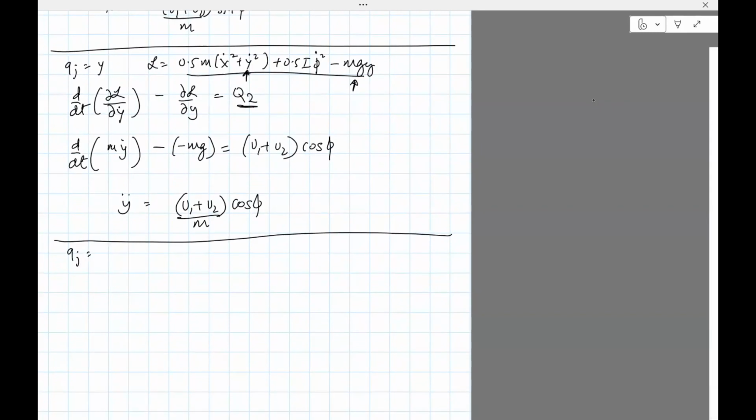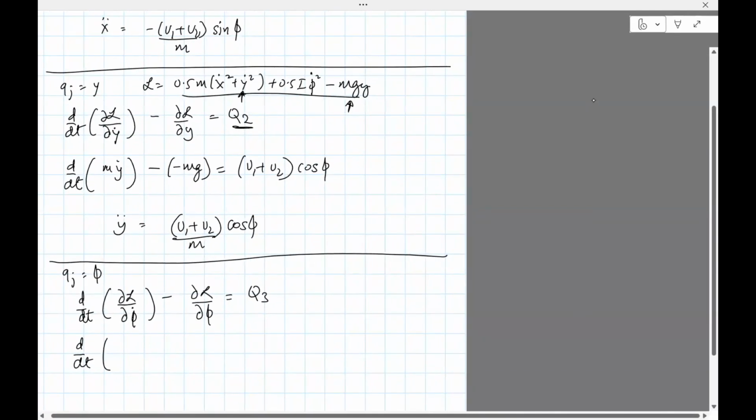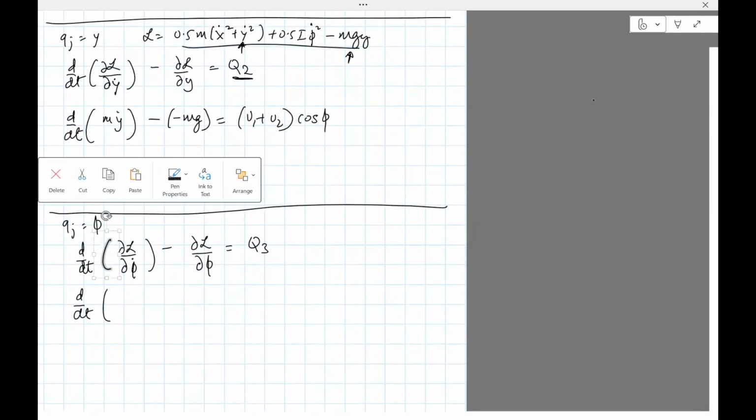The third one is q_j equals phi. So d/dt of dL/d phi dot minus dL/d phi equals Q3. Okay, let's compute the derivative with respect to phi dot.